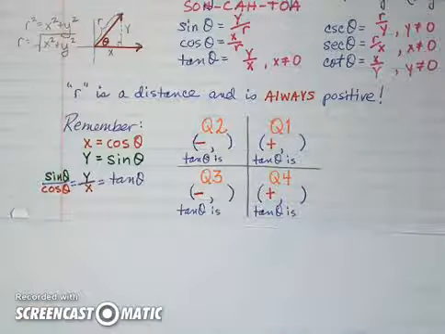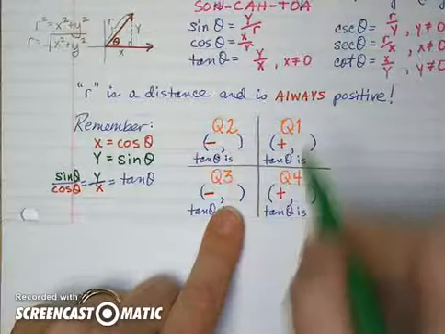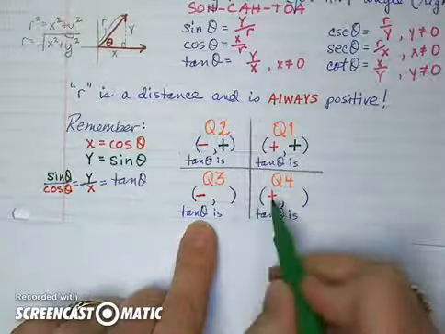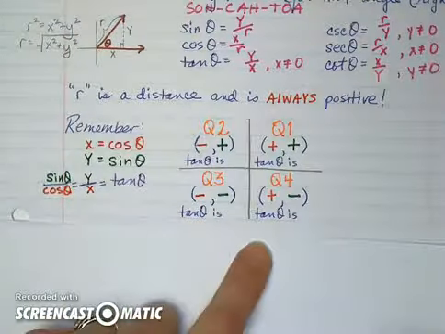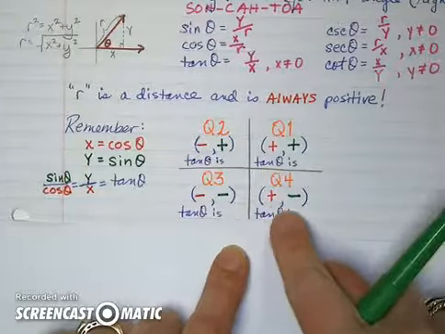Now, sine is your y value. Sine is going to be positive in quadrants 1 and 2 and negative in 3 and 4. So it's important to remember those. And I think you already know those, but you will need to refresh your memory.